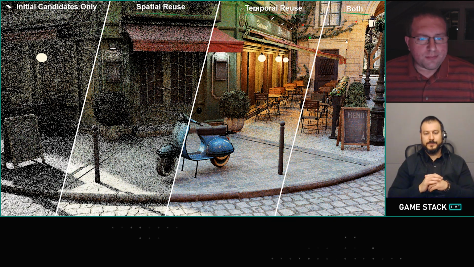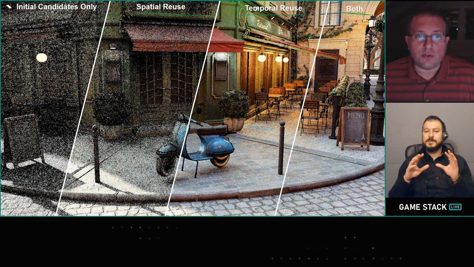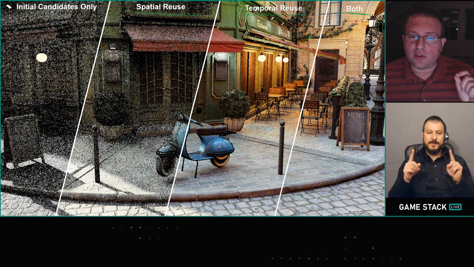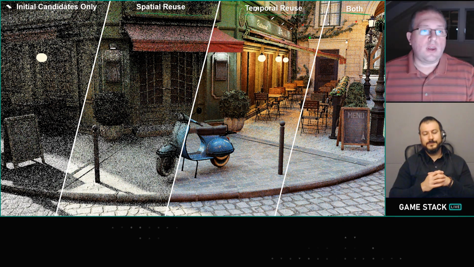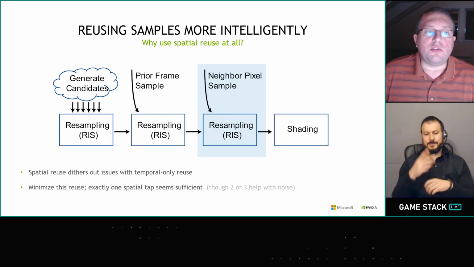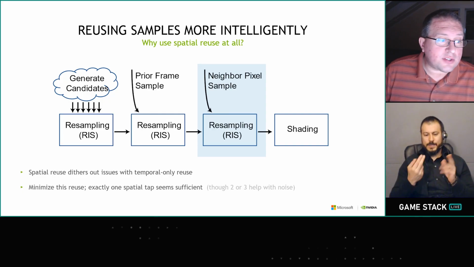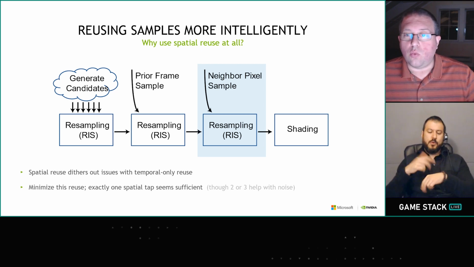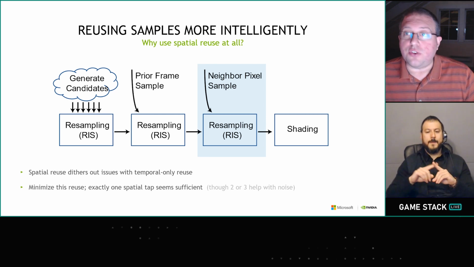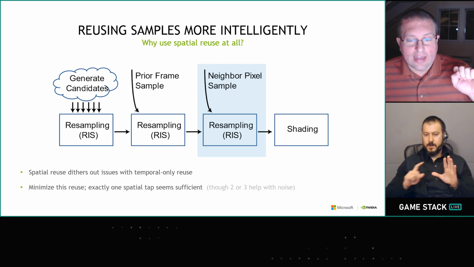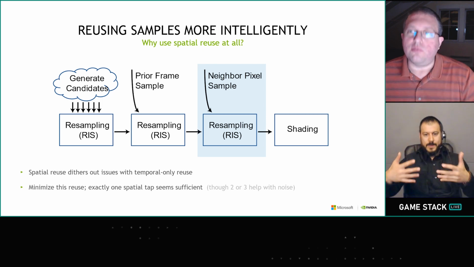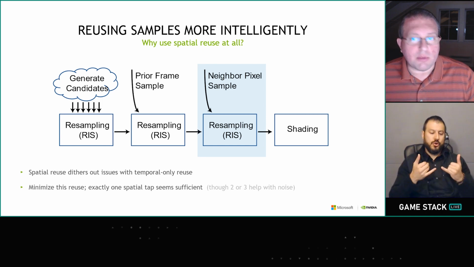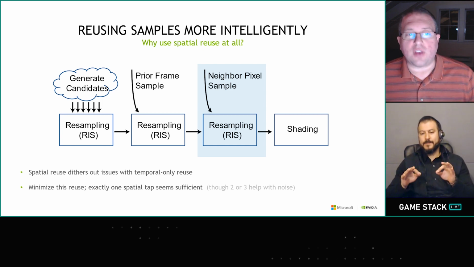Now, the thing to notice, which is actually fairly obvious, is there's not a huge difference between temporal reuse and using both spatial and temporal. There's a slight difference, but it's hard to see. And so this made us ask, why use spatial reuse at all? Now, it turns out that spatial reuse actually is important because temporal reuse looks good when you're not moving, but with disocclusions as you move around, and issues when you zoom in and out, by reprojecting, back projecting between your prior frame and the current frame, there's some temporal issues that spatial reuse helps dither away.